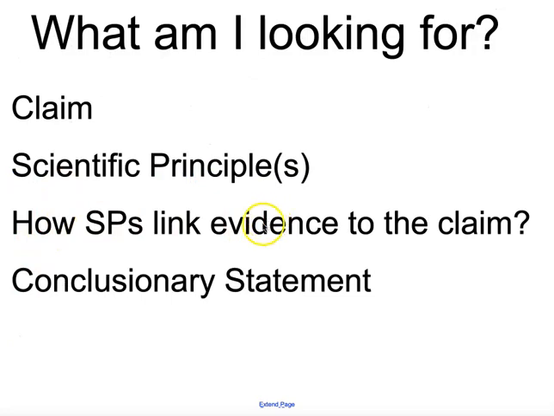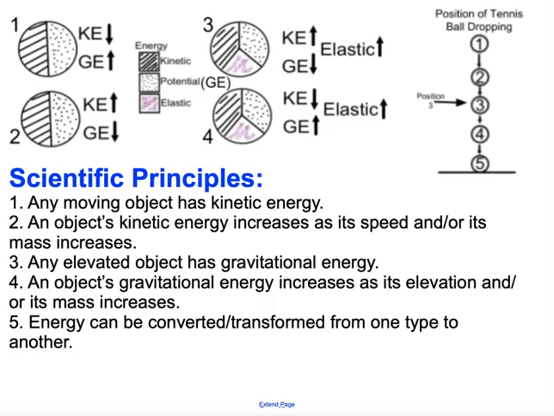why. So you wrote, scientific principle number 2 says that an object's kinetic energy increases as its speed and/or its mass increases. The tennis ball at position 3 is gaining speed as it's dropped, so its speed is increasing, which means its kinetic energy is increasing.